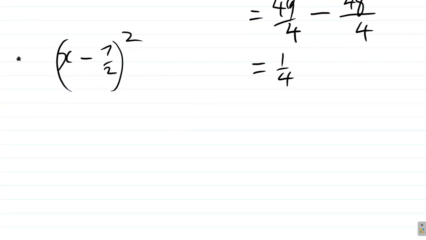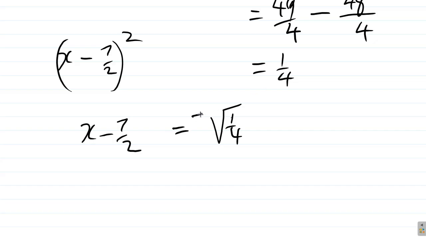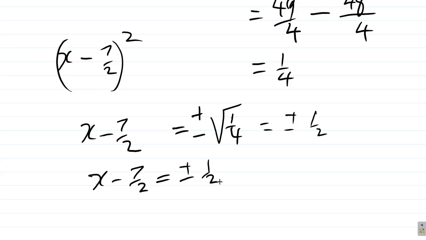Let us now square root to get rid of the square. Square root both sides, so you have x minus 7 over 2 is equal to the square root of a quarter. But remember, you always have two square roots, so one is positive, one is negative. The square root of a quarter is half, so it's positive and negative half. So now x minus 7 halves is equal to positive and negative 1 half.